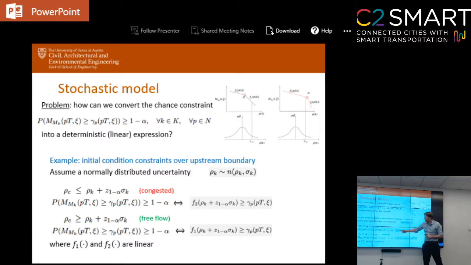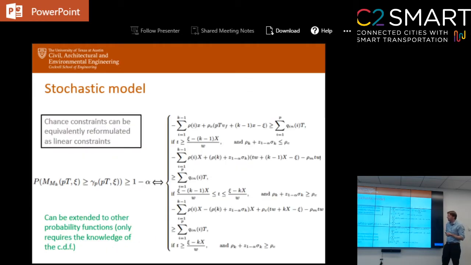So you can write, for example, that the probability of one constraint to be satisfied greater than 1 minus alpha will be equivalent to saying that some function here, which is linear and concave, is greater than some other function. So we can rewrite those as convex linear constraints, and similarly in this case. Ultimately we still get linear constraints for that problem. That means that we can solve the problem involving initial condition uncertainty as still a linear program.